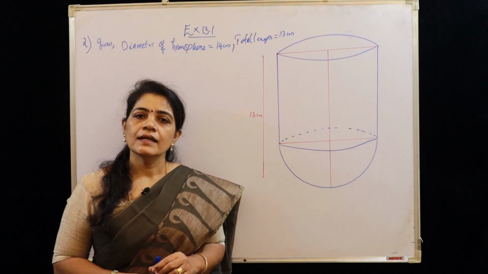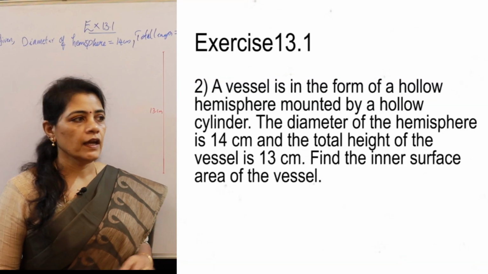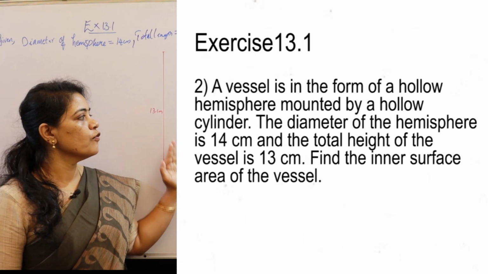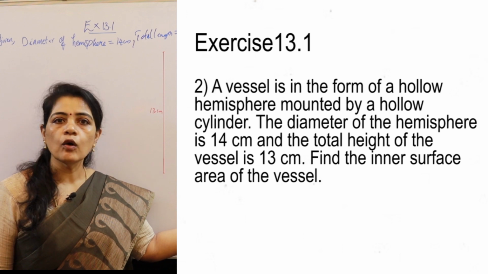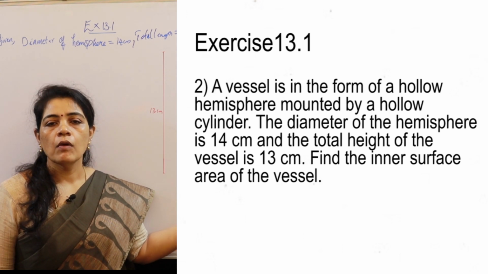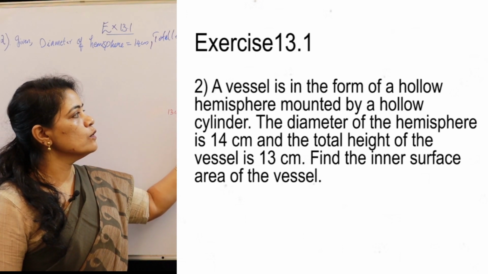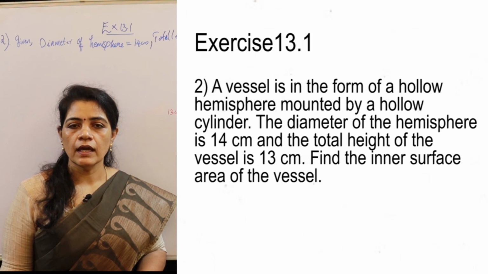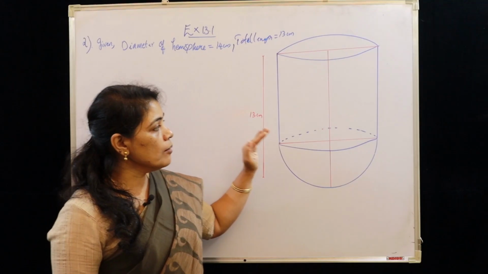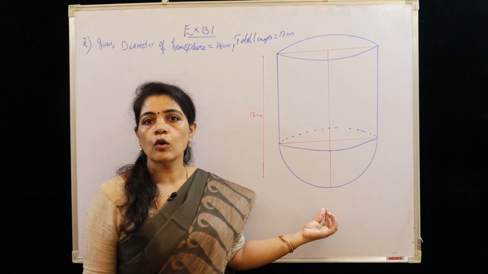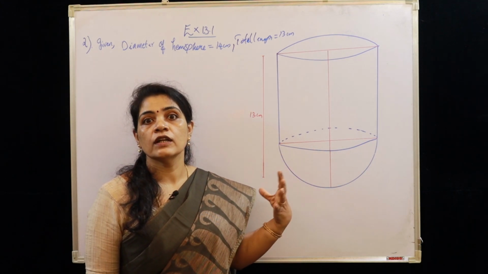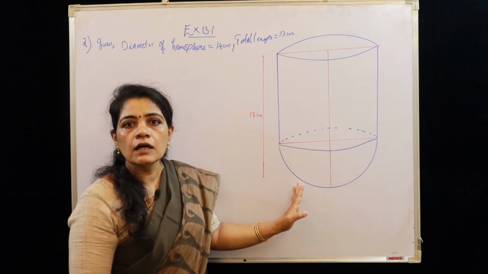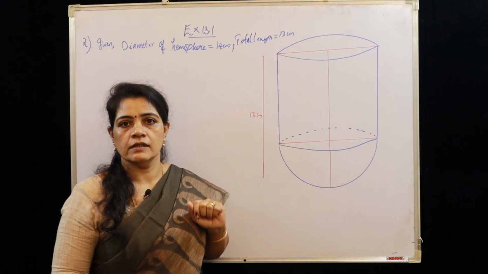Okay. In the second problem, we are given a vessel in the form of a hollow hemisphere mounted by a hollow cylinder. The diameter of the hollow hemisphere is 14 centimeter and the total length of the vessel is 13 centimeter.